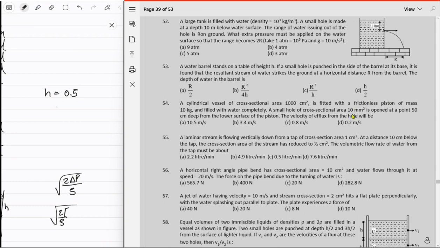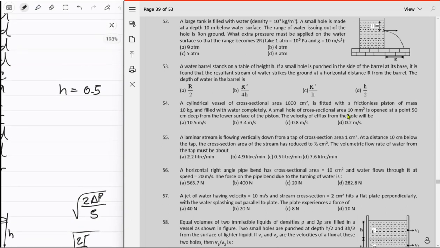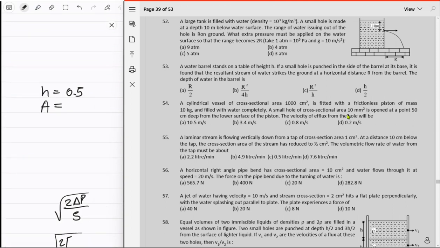No, it doesn't. The capital A is 10 power 3 centimeters squared, which is 10 power negative 1, so 0.1 in SI units. The mass of the piston is 10. G, did they give us any value? It's 10. That's all we need, I guess.